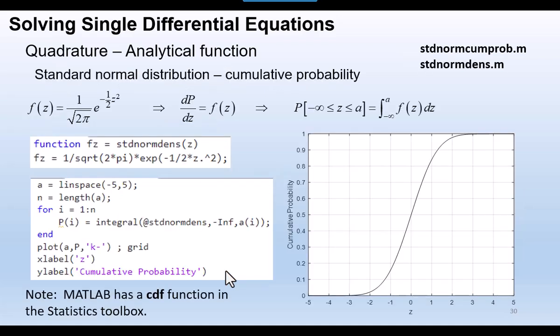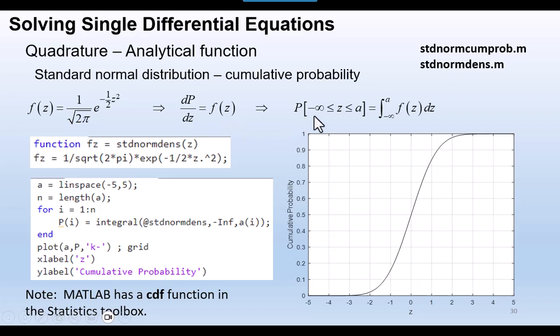And then we moved on and we did our example of the standard normal density. And here we show that formula laid out in algebraic form, and it corresponds to the rate of change of probability with the standard normal variable.